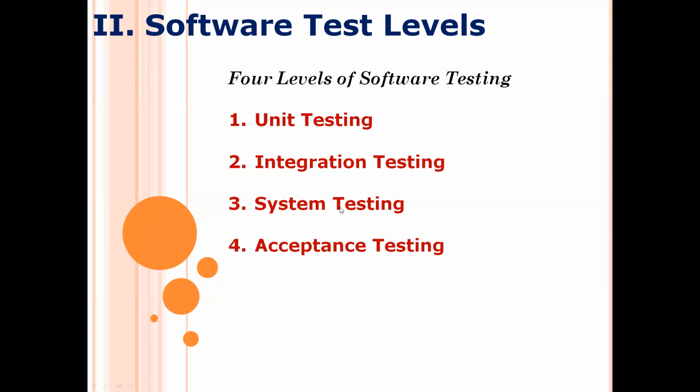Next, system testing level. System testing is the process of testing an integrated system to verify that it meets specified requirements. System testing should investigate both functional and non-functional requirements of the system, and testers may also deal with incomplete or undocumented requirements.